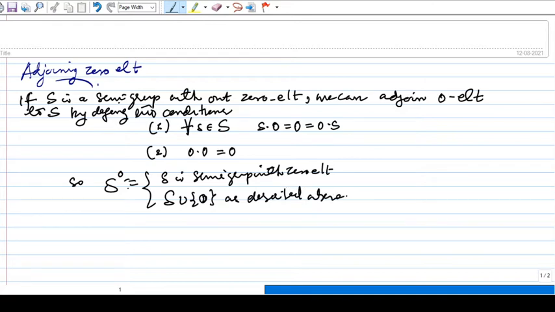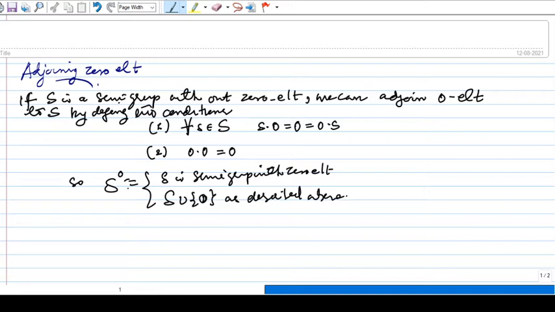Either S contains naturally a zero element, or we can adjoin 0 to a semigroup, which gives S union 0. So there are many examples containing a zero element. We have already seen such examples in the last lecture.